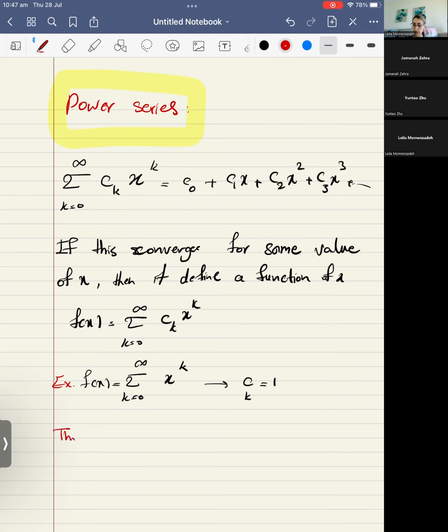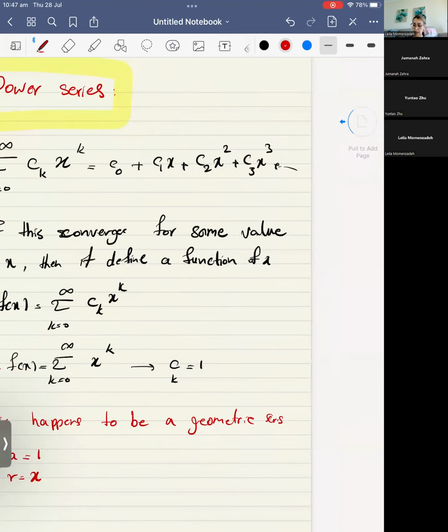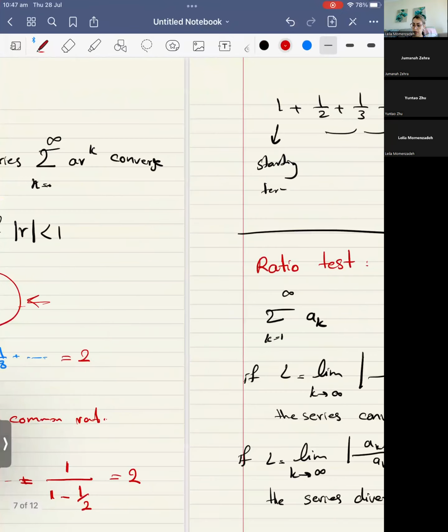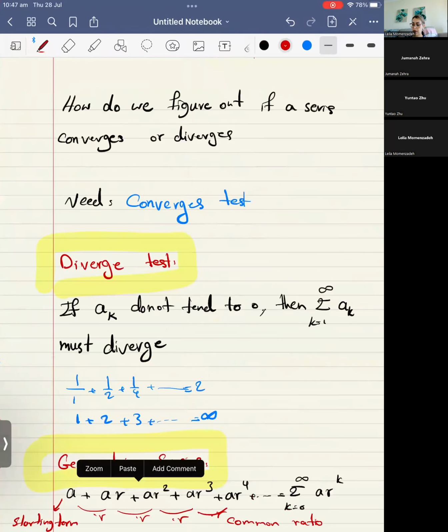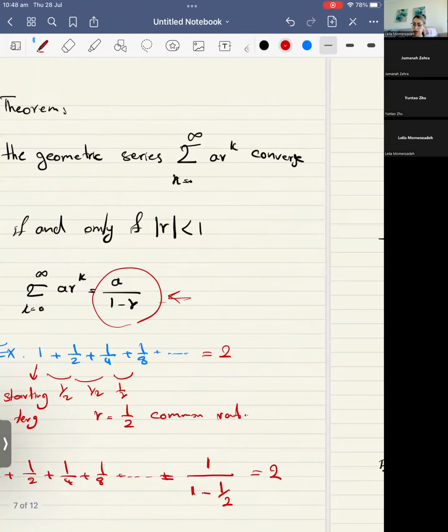This happens to be a geometric series. What does that mean? The first term a is equal to 1 and the common ratio is x. Do you remember the geometric series? Common ratio and the starting point.